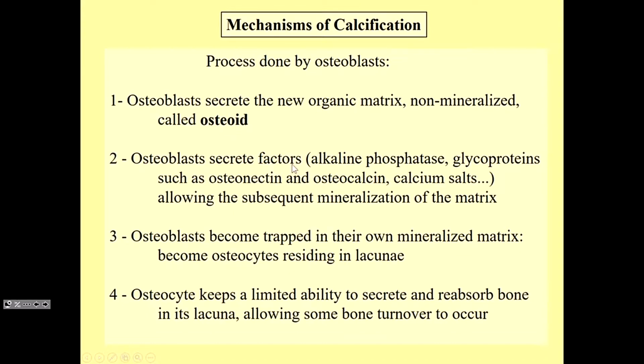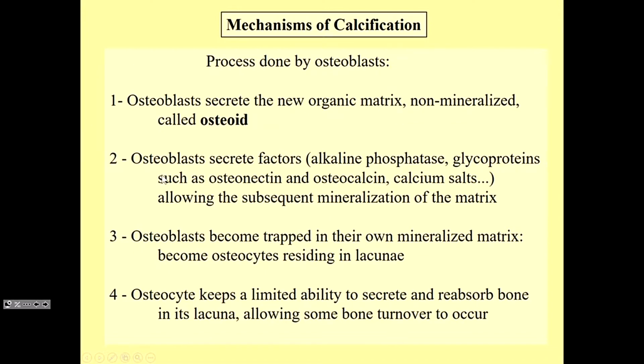The osteoblasts secrete a number of different factors that promote the calcification and mineralization of that newly formed osteoid. They secrete these various glycoproteins which act as calcium binding proteins. So these calcium binding proteins in the osteoid will facilitate the precipitation of calcium phosphate into and around that forming osteoid to form mature bone.